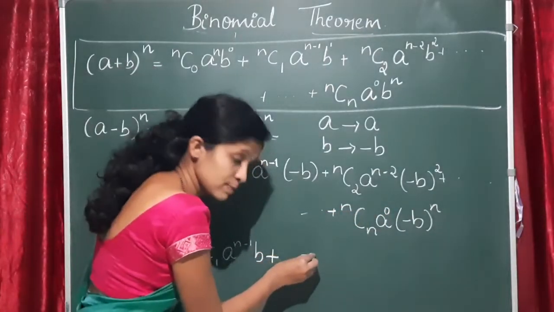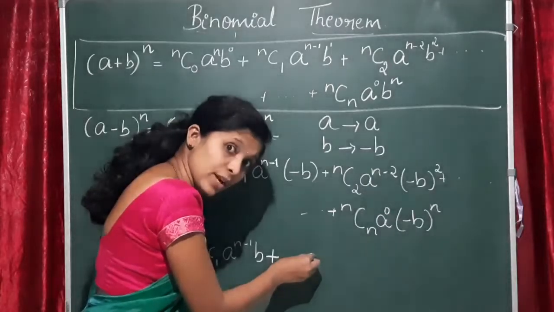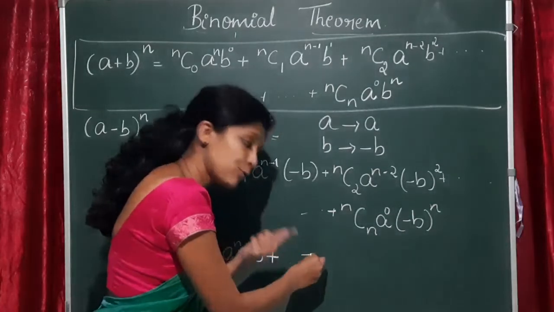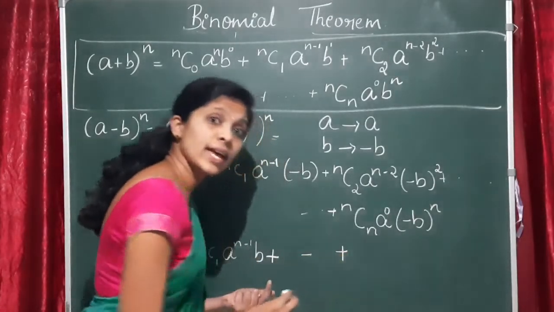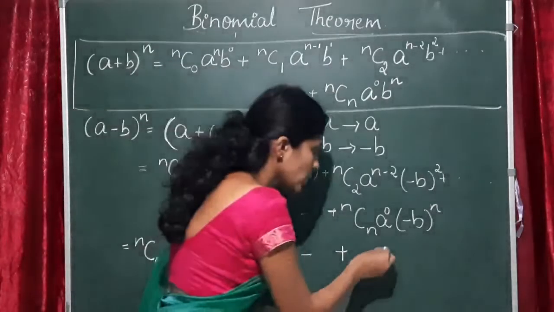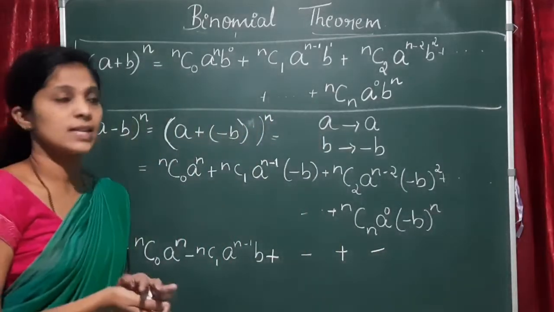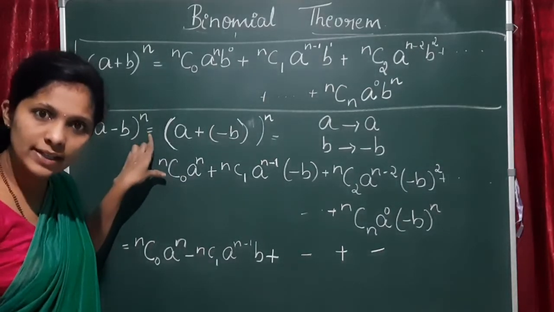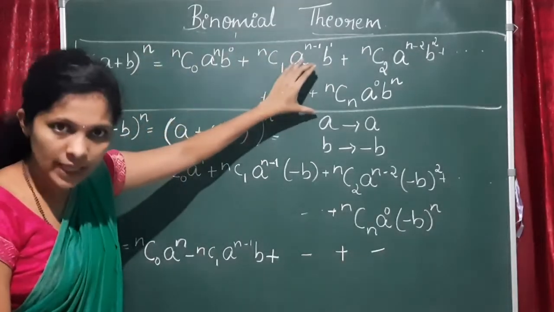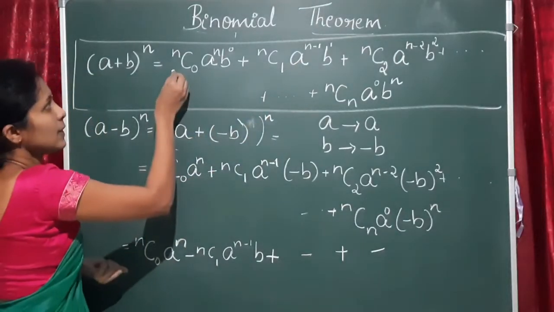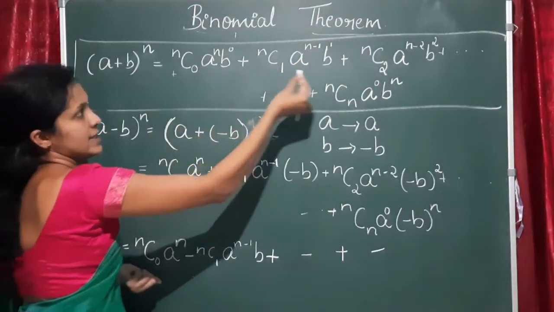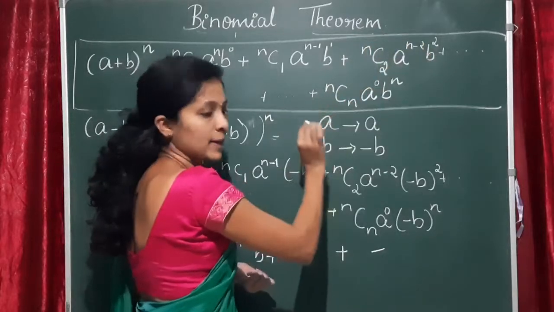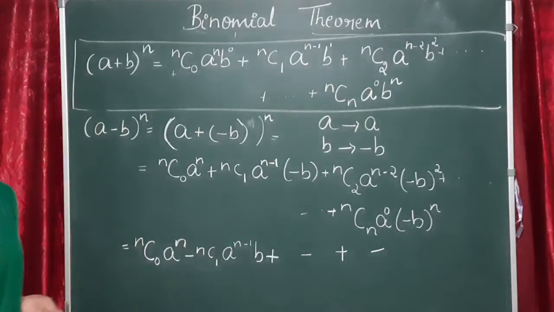Next will be minus because you will get b cube, right? Next will be b to the power 4, so we will get positive, then b to the power 5, so negative. So the simple thing is, whatever the expansion of (a minus b) whole to the power n may be, everything will be the same. The first sign will be plus, then minus, plus, minus, plus, minus. So you have to write alternate signs.